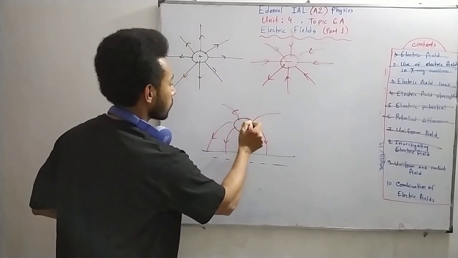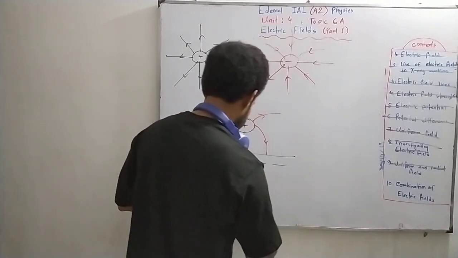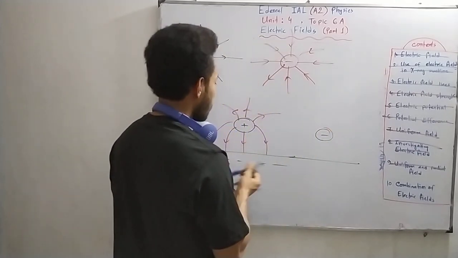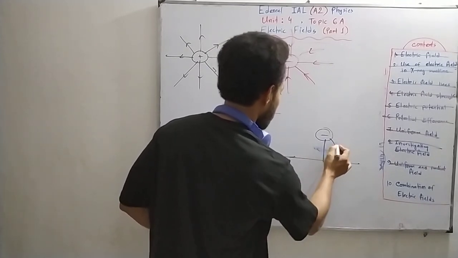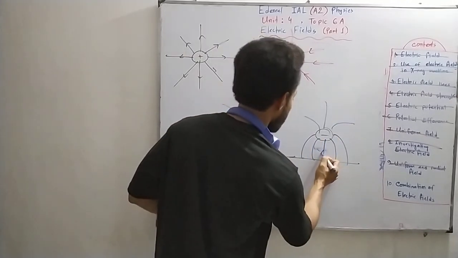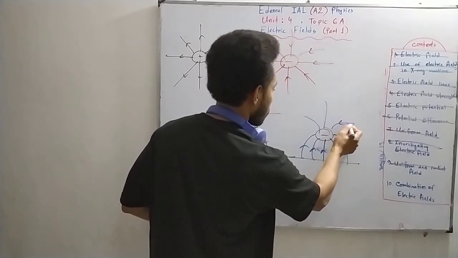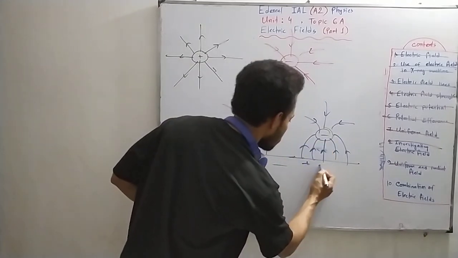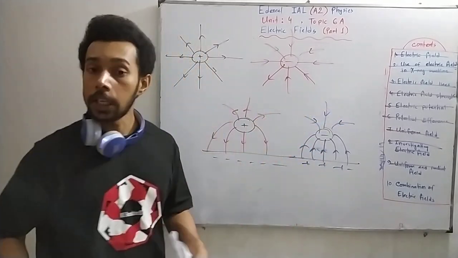Okay, and if you had a negatively charged sphere, then a similar pattern will be found, but the direction will be opposite. Okay, since the sphere is negatively charged, it will induce some positive charge near that surface, so the direction of the field line will be from positive to negative terminal.